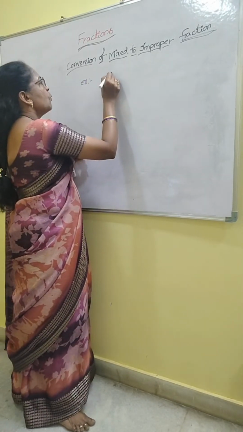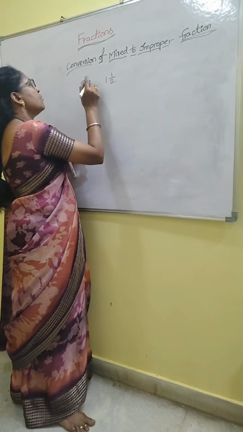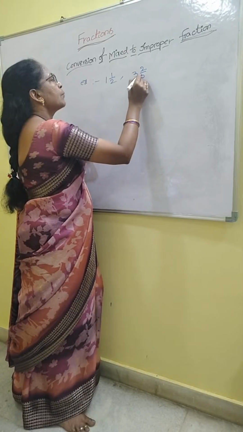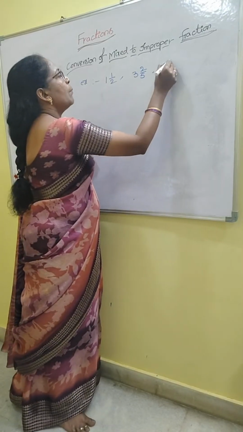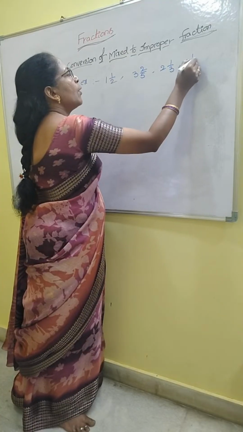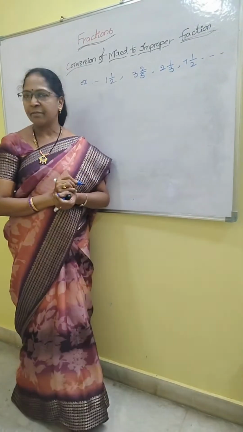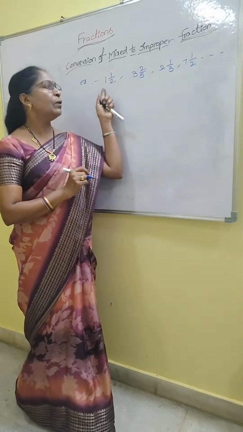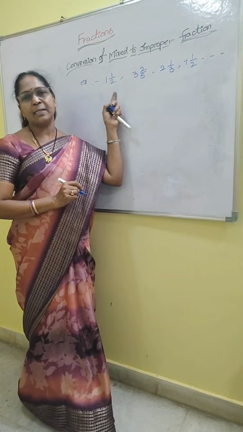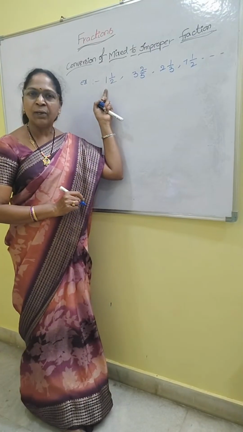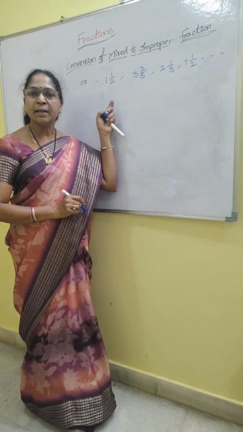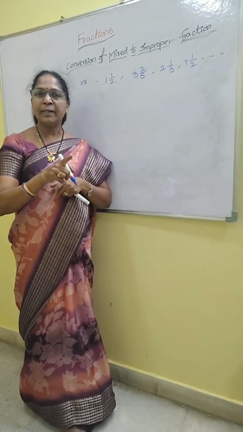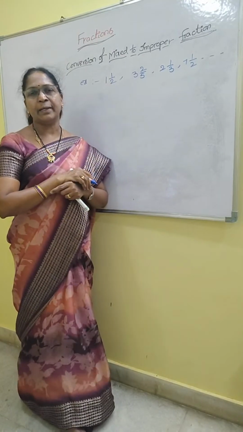Mixed fraction is 1 1 by 2. Examples of mixed fractions are 1 1 by 2 or 3 2 by 5 or 2 1 by 3 or 7 1 by 2. These are all mixed fractions. Mixed fraction means it consists of a whole number and a proper fraction. Here 1 is a whole number and 1 by 2 is the proper fraction. Proper fraction is nothing but numerator is less than the denominator.